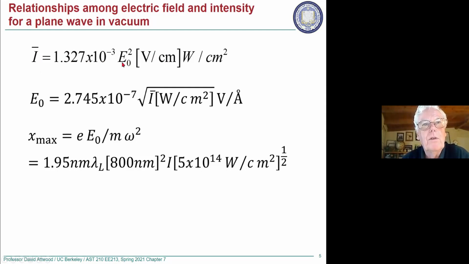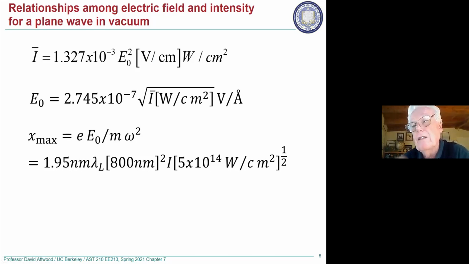So if you knew the electric field in volts per centimeter, and I think in other places I put it in volts per angstrom or nanometer, but this exponent just changes, okay? This is a relationship. If you knew the electric field that you wanted, this would tell you what intensity you need to focus your laser to.